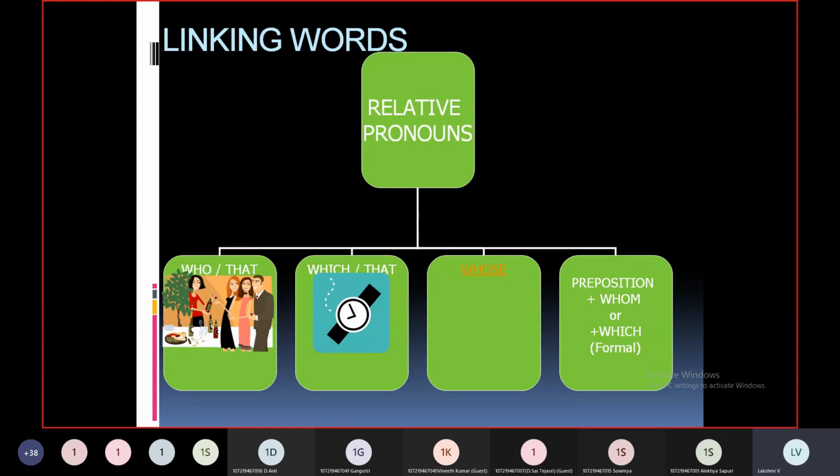I'll give you one example. I saw something that was round with many colored feathers on it. I saw something. This is one clause. Round with many colored feathers on it is another clause.